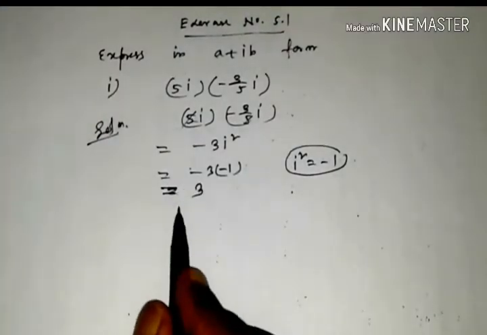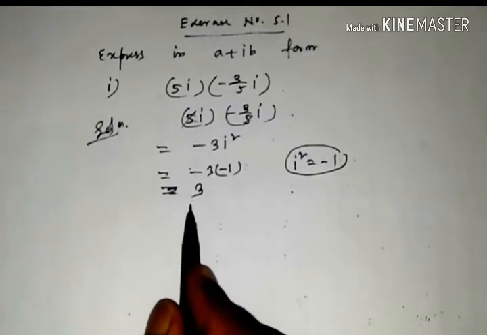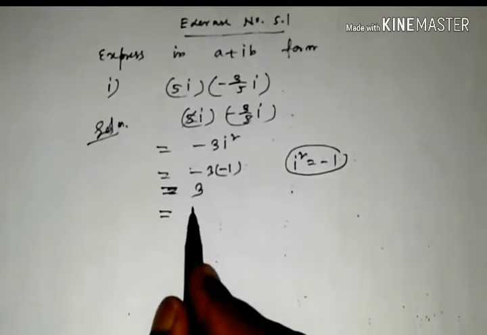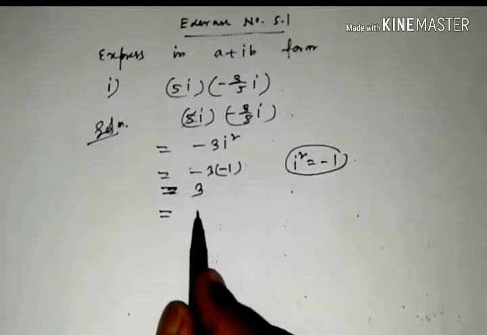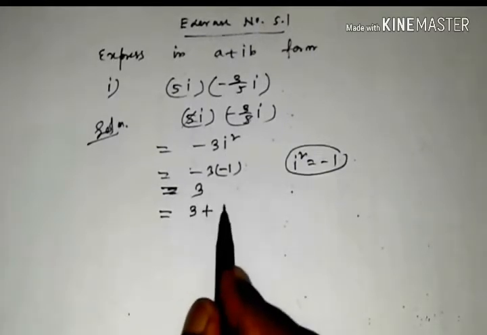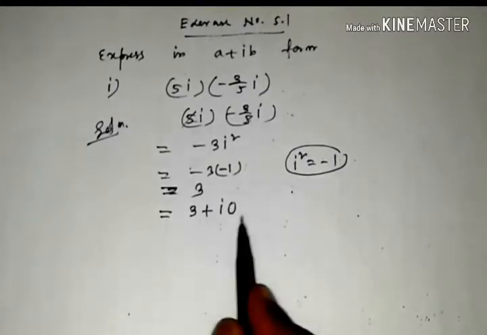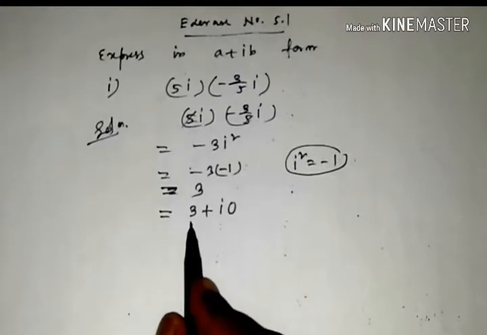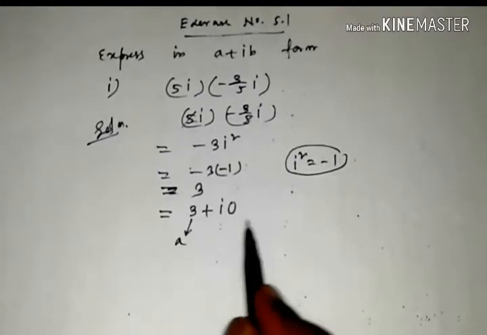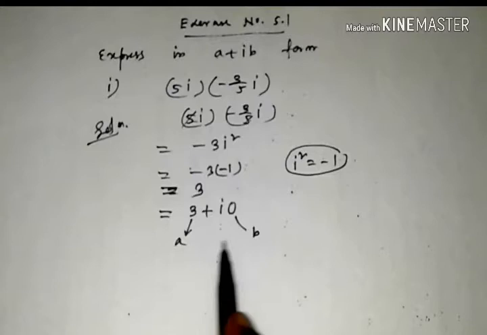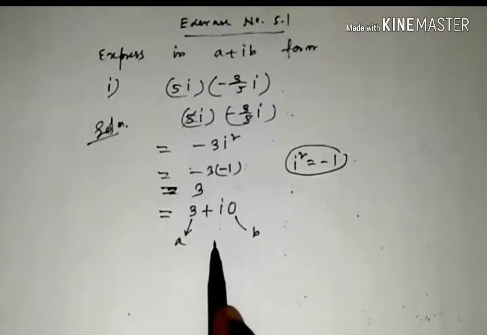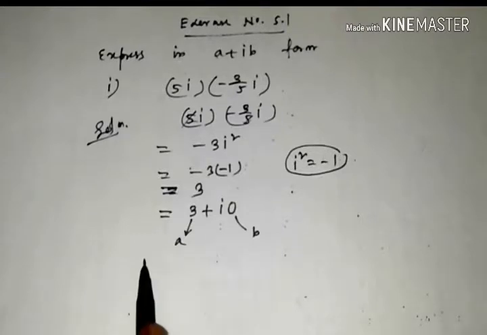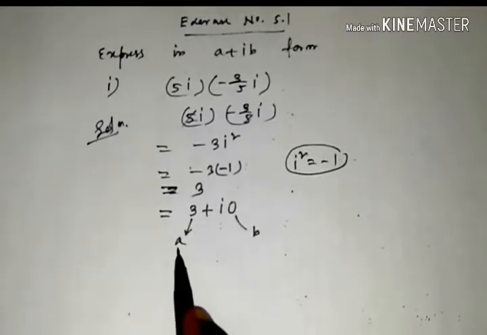Now this is a real number, and we have to write it in A plus iB form, that is complex form. It can be written as 3 plus i0, because here the imaginary part is 0. This is A, and this is B. Therefore this is A plus iB form.